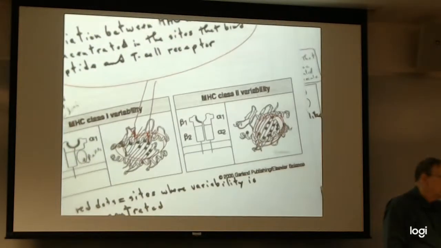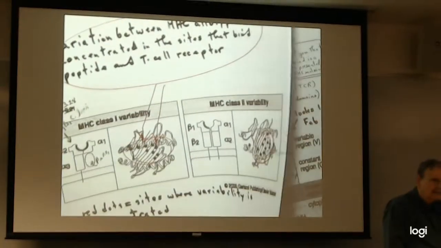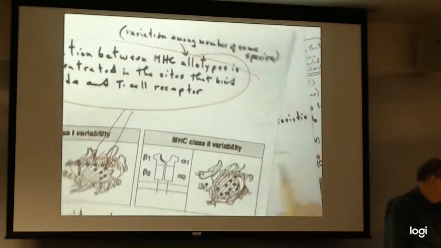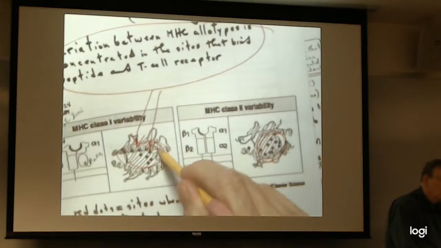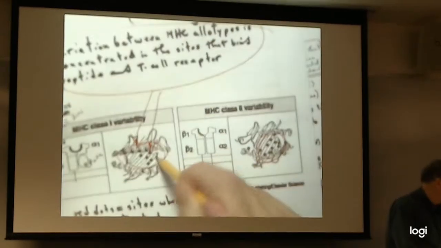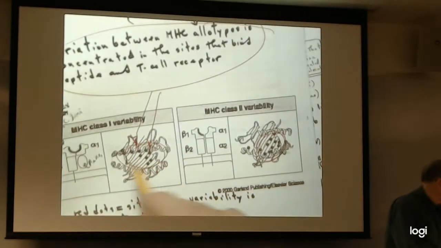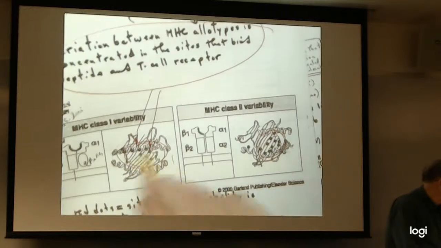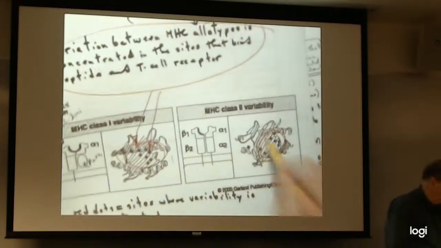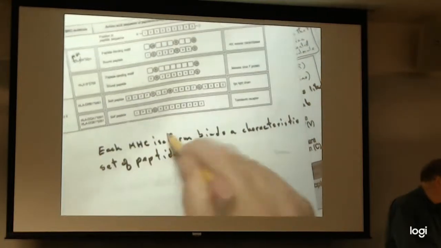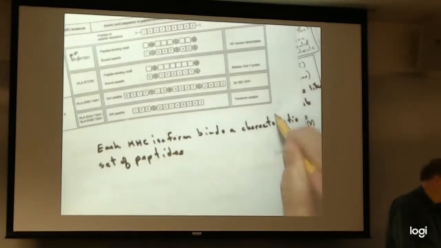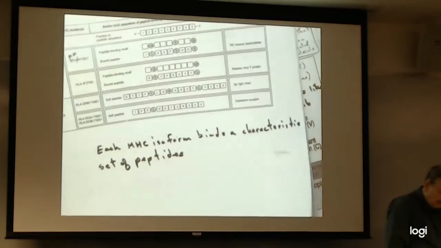And the mutations that distinguish these allelic variants, they all specify different amino acids in the part where you bind the foreign protein, or any peptide, whether they're on the floor of the valley or on the walls. Now, each different MHC allele or isoform has a characteristic set of 10,000 peptides.